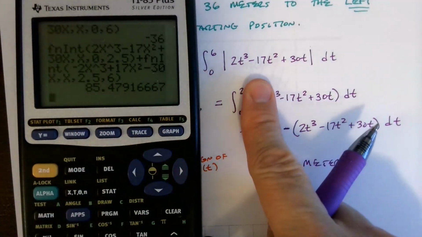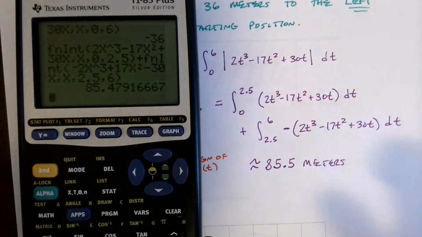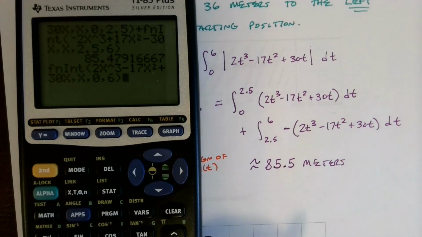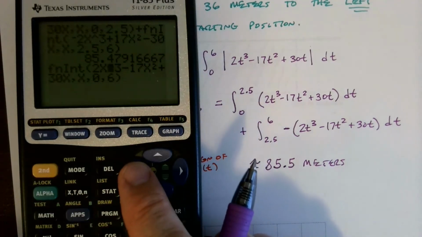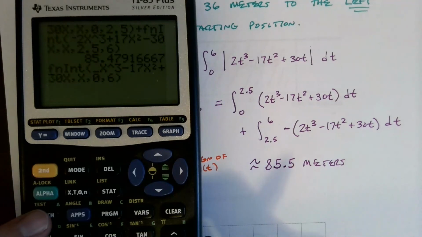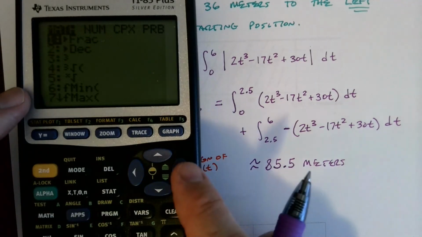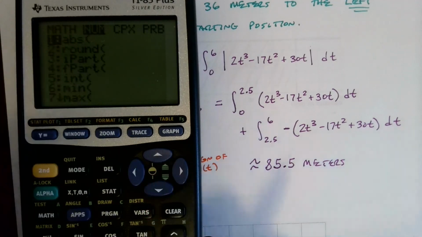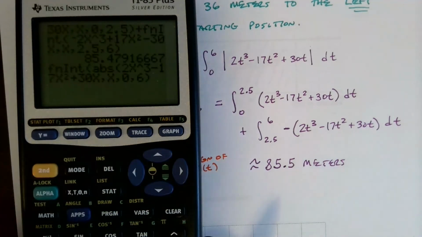Just to show you, we could do this all in one estimate in the calculator. Let me get back to this one. If I instead just go here and do this, insert, under math, you will see under NUM the absolute value function, ABS.